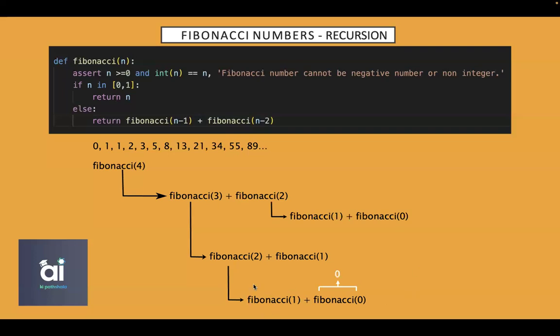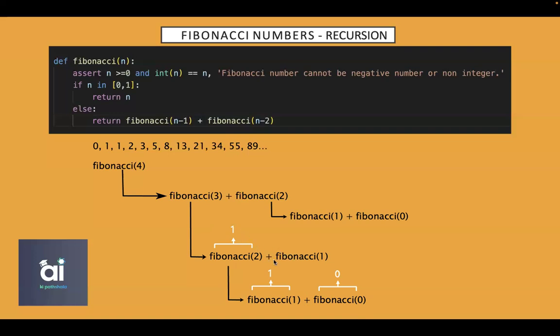This Fibonacci 1 is going to return 1. Now, you see that this Fibonacci 2 is a sum of these Fibonacci 1 and Fibonacci 0. So here 0 plus 1 is 1. So we will get the value for this Fibonacci 2 as 1.